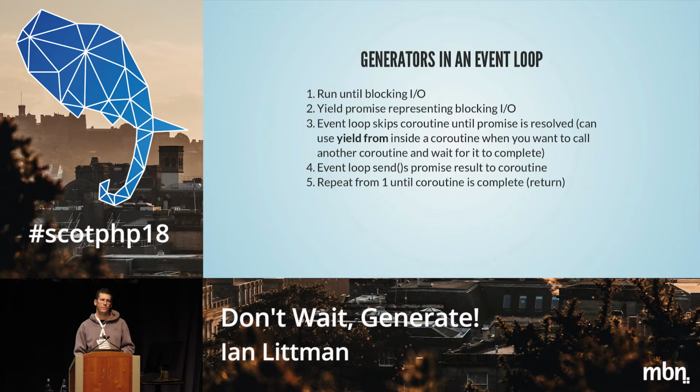You yield there, or if you're calling some of your own code, you may need to yield from in order for it to execute all the way through. And then you rely on that async framework to call you back and send a value back into your generator when that promise is resolved with the result of that promise.